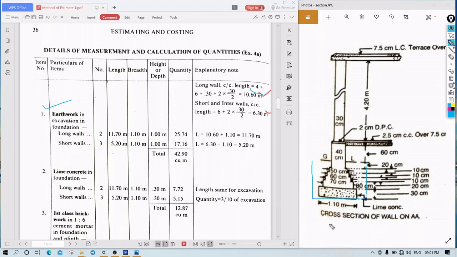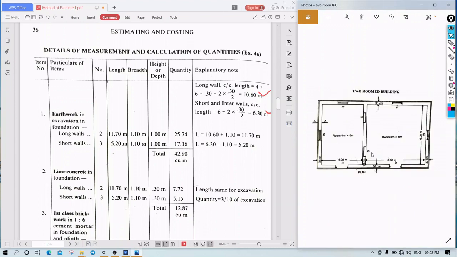What is the length? Before that, what is the number of long walls? You have written the topic and you have to take two columns, long walls and short walls. Now, how many long walls are there?